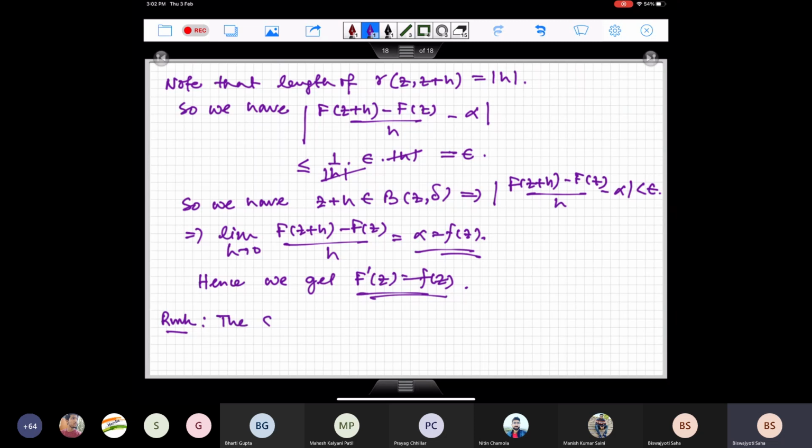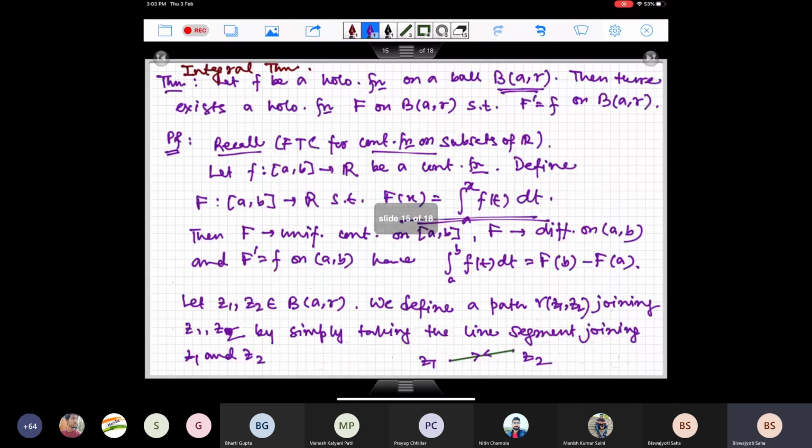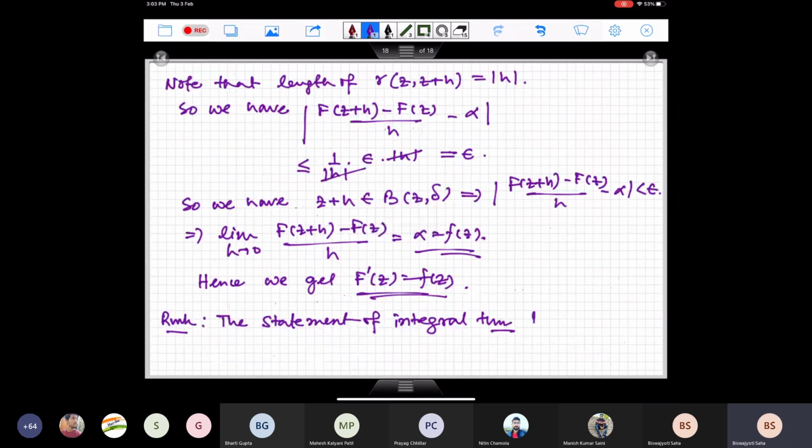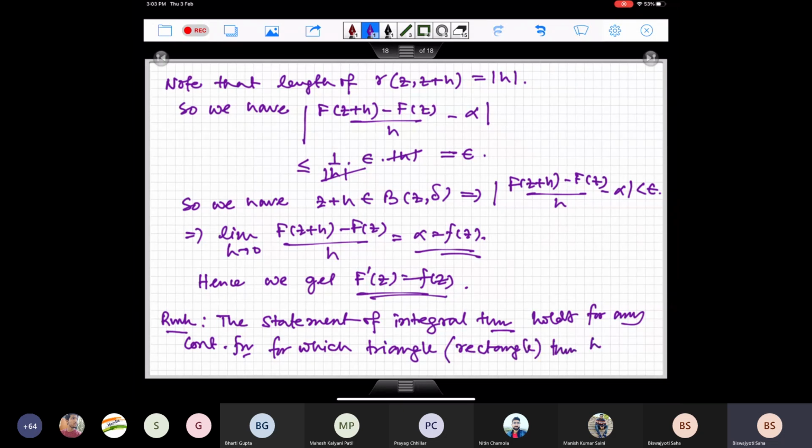So effectively I needed continuity at one place and the triangle theorem at another. So, a remark: the statement of the integral theorem, which is this existence of a primitive, holds for any continuous function for which the triangle theorem, or even the rectangle theorem, holds.